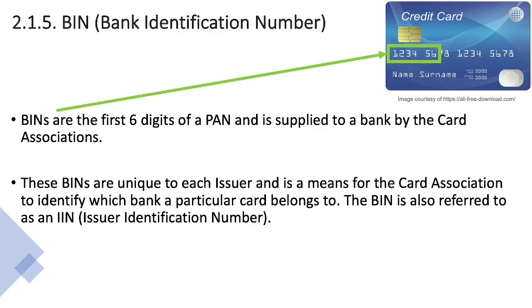Okay. So Visa generates the BIN, and Visa will allocate the BIN to Bank ABC. Okay. So this is a way for Visa to identify to which issuer a particular card or card holder belongs. So I'll give you an example.